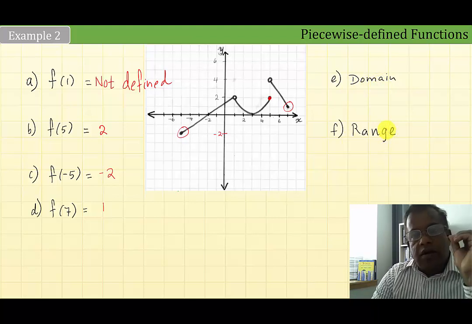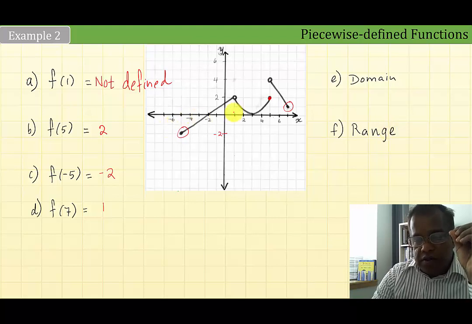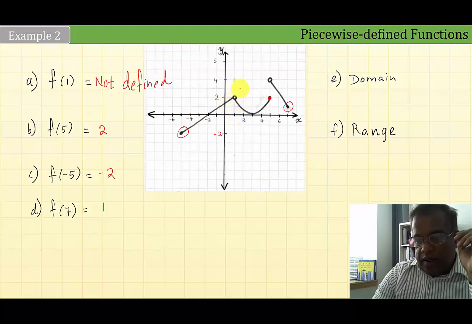Now domain is all the x values of this function where there is a y value. You can see when x is from negative 5 up to x equals 1, there is a y value over here. And then at 1 there is no y value. So we get domain from negative 5 up to 1.